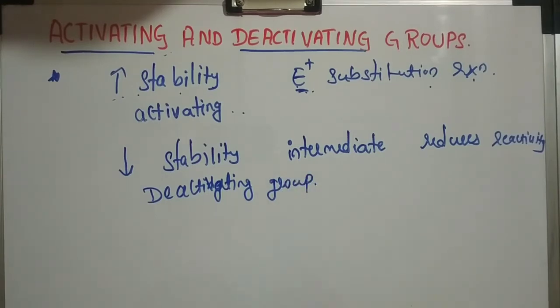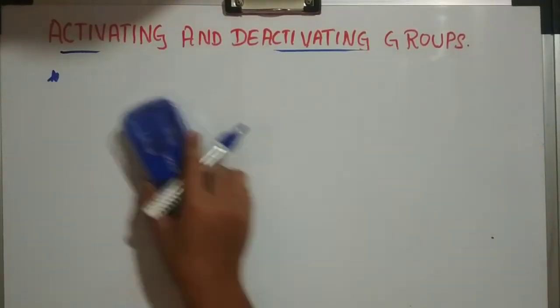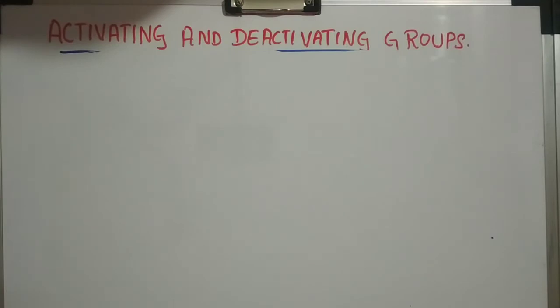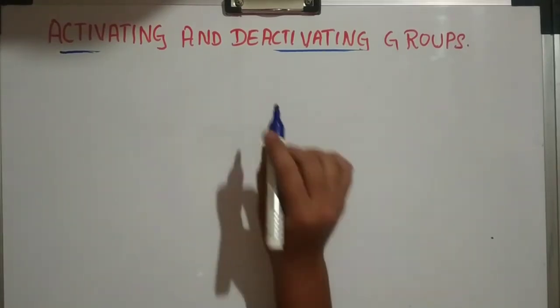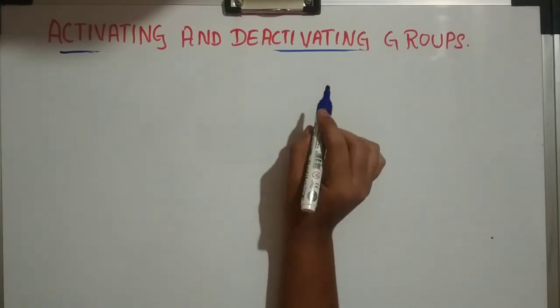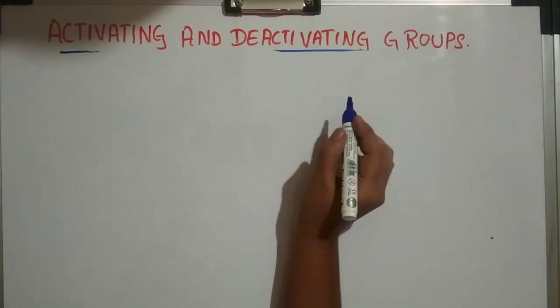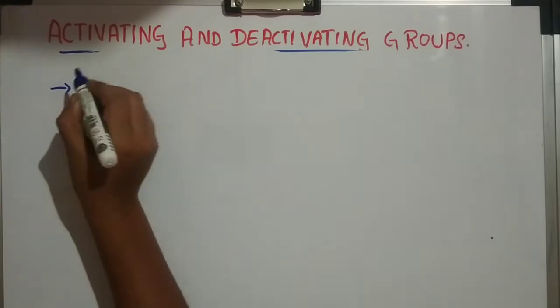Now we'll see separately what are activating or ortho and para directing groups and deactivating or meta directing groups. Here I will write some functional groups for the ortho, para and meta directing groups. First we'll see the definition.